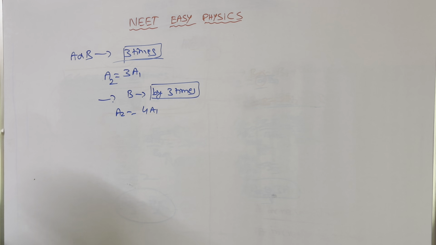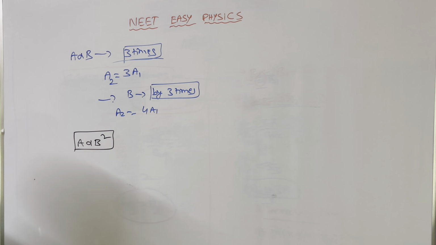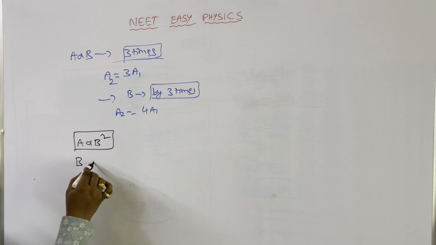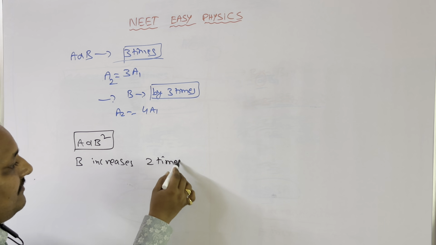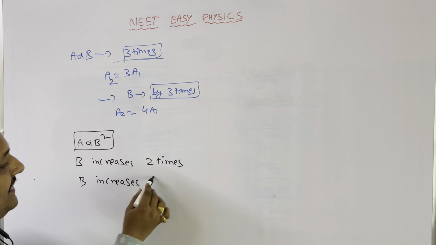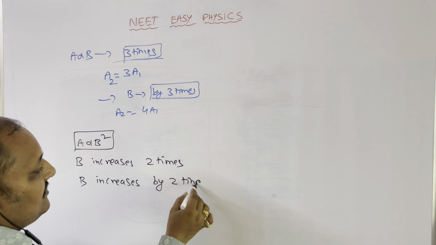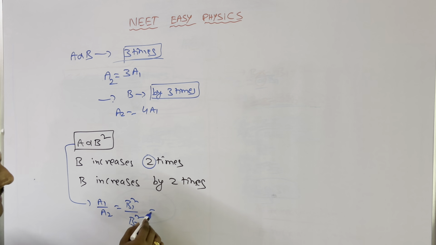Now we will see A is directly proportional to B square. Now the same question I am doing. B increases by 2 times. These are very fundamental basics before going to solve physics problems. So B increases 2 times means how are we going to write it? A1 by A2 is equal to B1 square by B2 square.